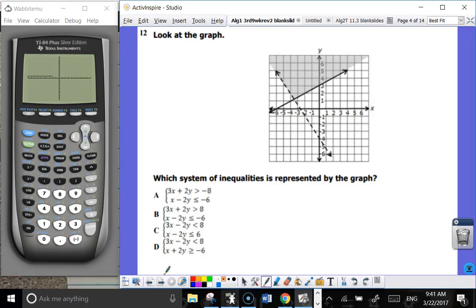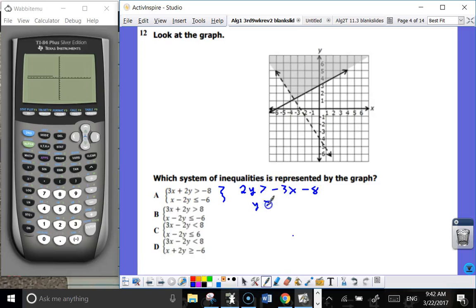Honestly, the systems of inequalities are usually the hardest questions that we get. We have the most trouble with it. When we did these, we would have done something like this. Let's say I just take this winning system right here. I would have had to solve for y. So 2y is greater than -3x minus 8.